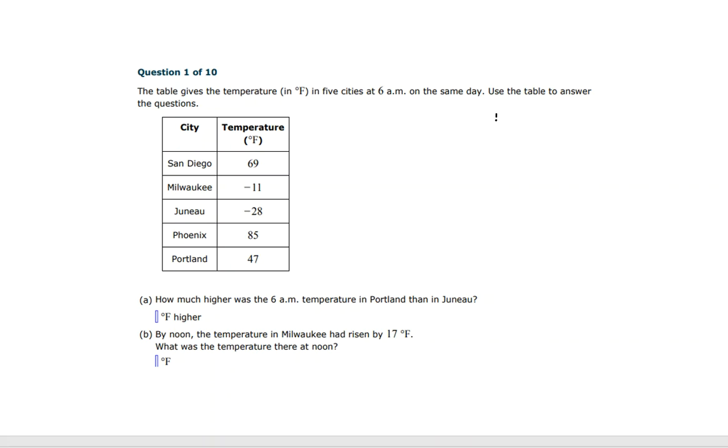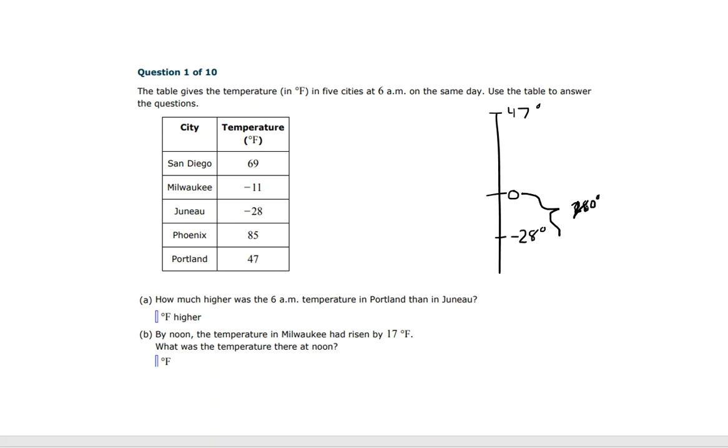Okay, so for each of these, I think it's really helpful if you just draw yourself a little thermometer. And in Portland, it was 47 degrees Fahrenheit, and in Juneau, it was negative 28 degrees Fahrenheit. So if we're going to try and figure out how much higher was the temperature in Portland than in Juneau, we have to take into consideration that from negative 28 to 0, that is 28 degrees.